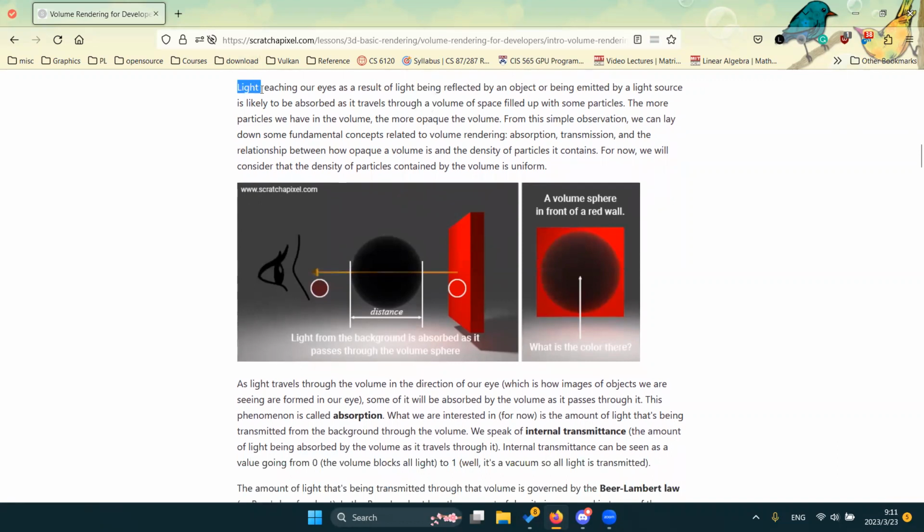Yeah, light is likely to be absorbed when it travels through a participating media, and the more particles in the volume, the more opaque the volume. So from the simple observation, we have some fundamental concepts like absorption, transmission, and the relationship between how opaque a volume is and the density of particles. For now, we will consider the density uniform.